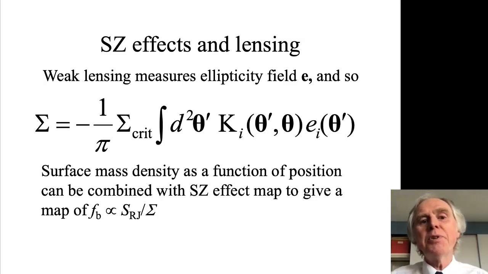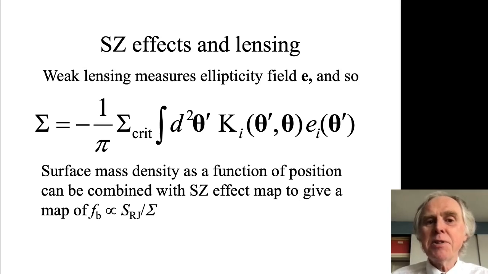SZ effects also relate rather strongly to lensing. An exceptionally good way of measuring the mass of a cluster of galaxies is to look at the distortions of the images of other galaxies behind that cluster by the mass of the cluster itself, acting as a gravitational lens.